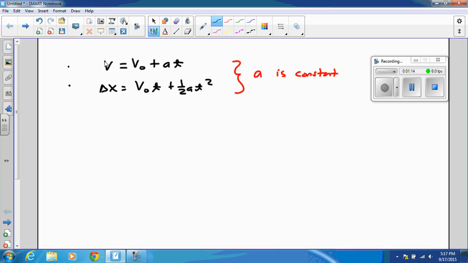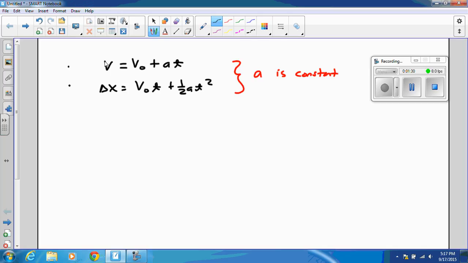In other words, maybe I could take these two equations right here and solve for a and eliminate a out of the equations so that if I'm not given acceleration, then I don't have to worry about it. Let's actually try that.